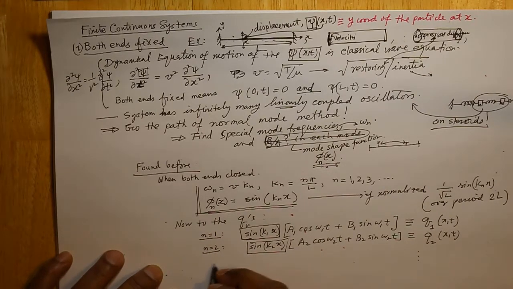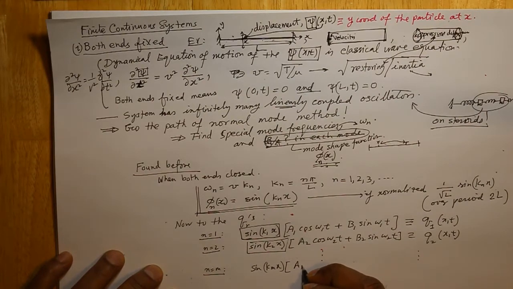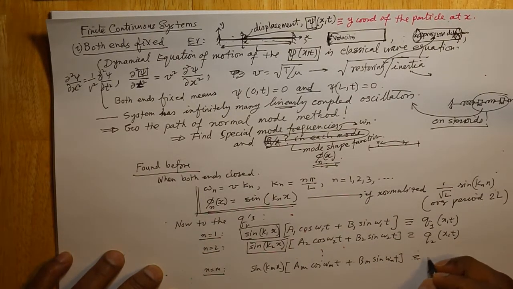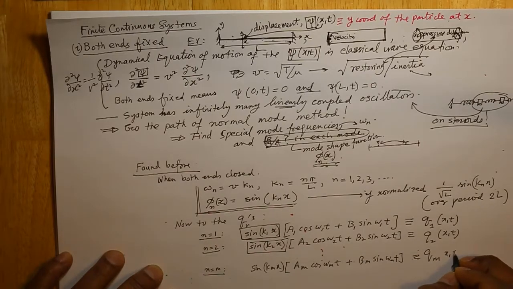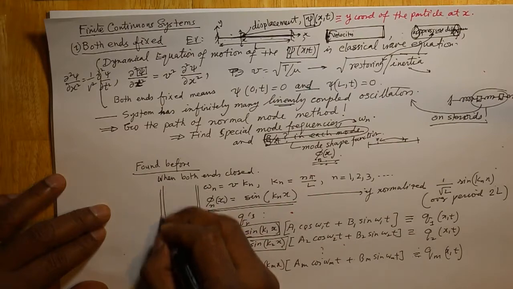So Q1, Q2, and you can see n equals m, some arbitrary one, k_m x, some a_m cosine omega_m t plus b_m sine omega_m t. Okay, so these are the normal modes.